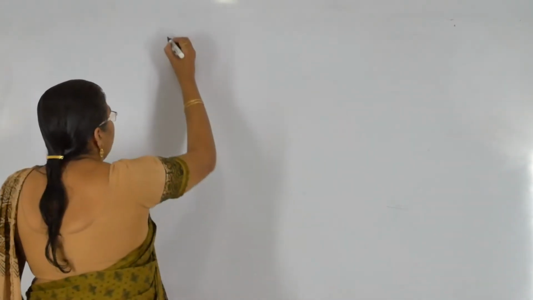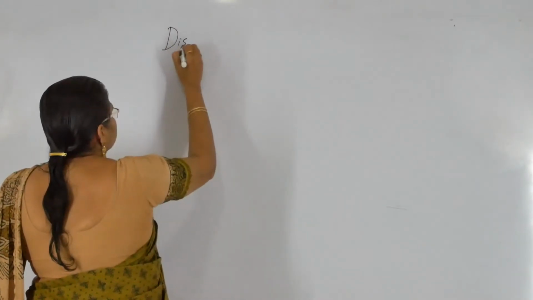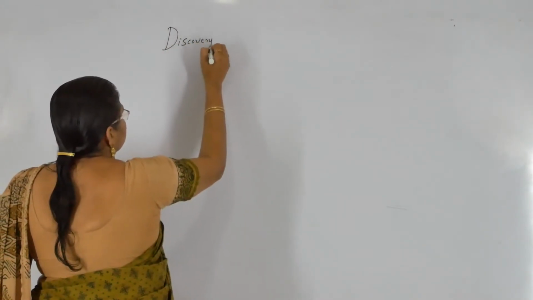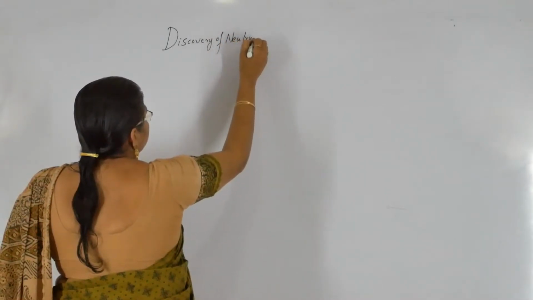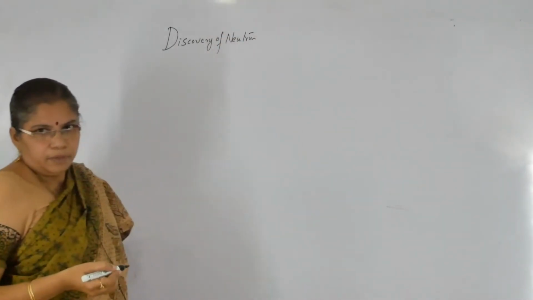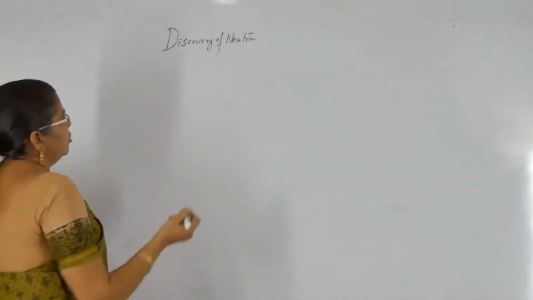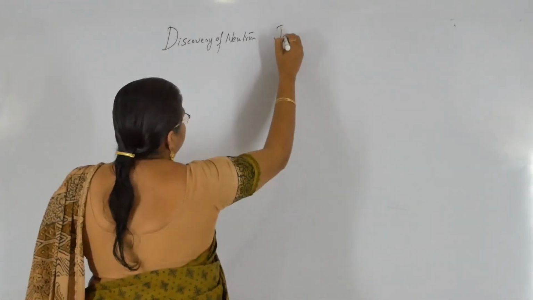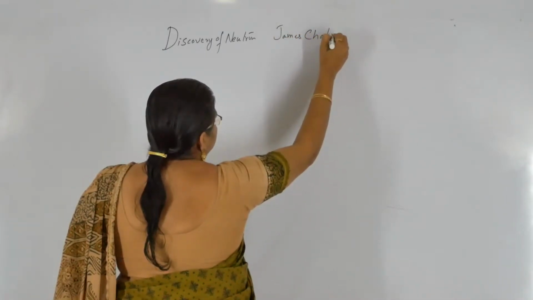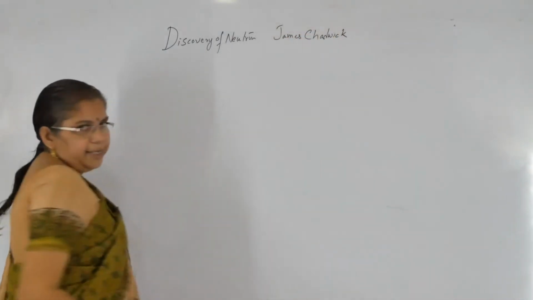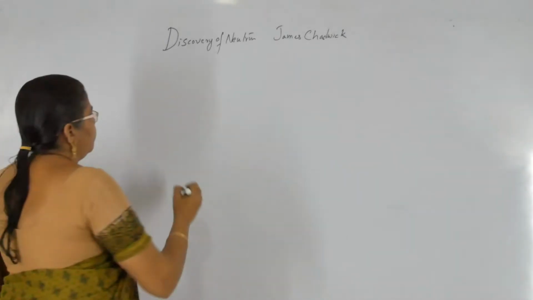About the discovery of the neutron. The discovery of the neutron was done by James Chadwick. An experiment is there for this.